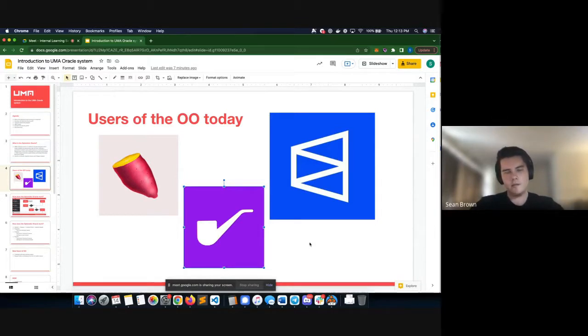Sherlock, as traditional insurance markets do, has insurance agreements that protocols sign up for, and these insurance tokens are issued. There's basically an insurance agreement that outlines the types of things that Sherlock covers.